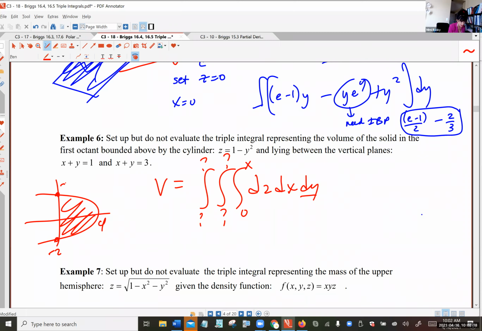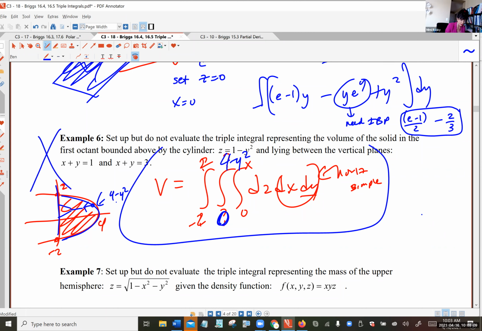The little man is going to go lying down horizontally like this. So his feet are the lower limit, and that looks like x equals 0, and his head is on this 4 minus y squared sideways parabola opening up to the left. And then you're done. You finally figured out how to set up the triple integral representing the volume.